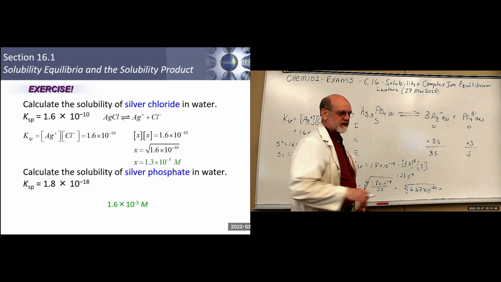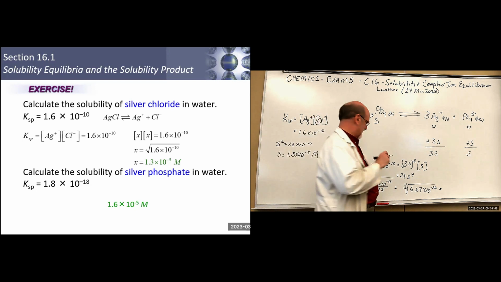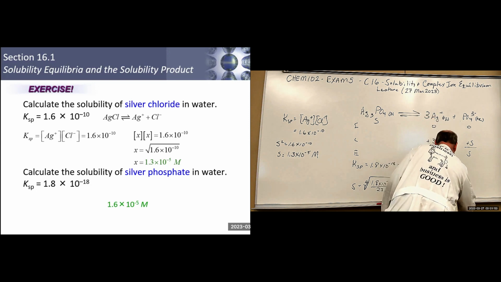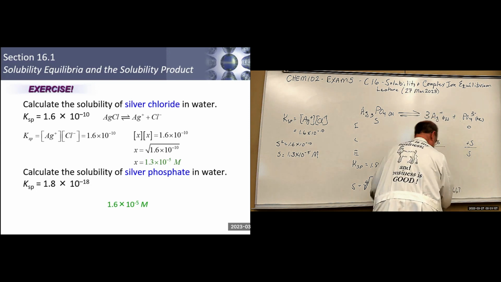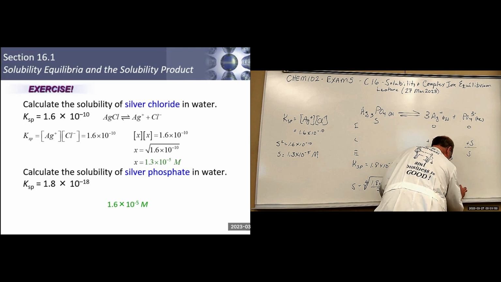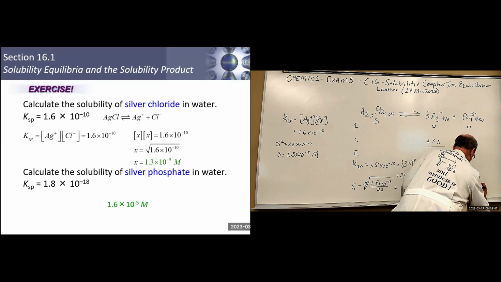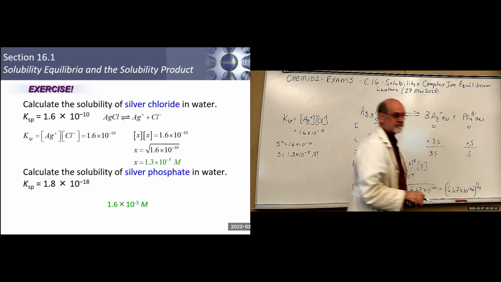And if you ever find yourself without those calculators, you can say it's the same thing as 6.67 times 10 to the minus 20 to the 1/4 power.